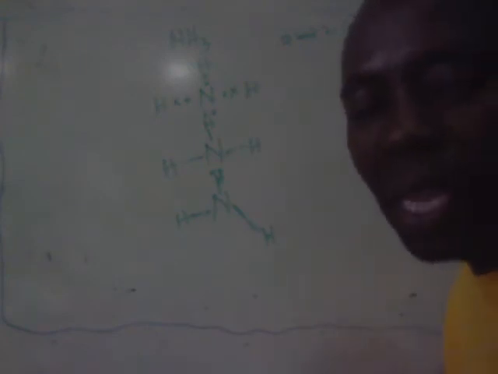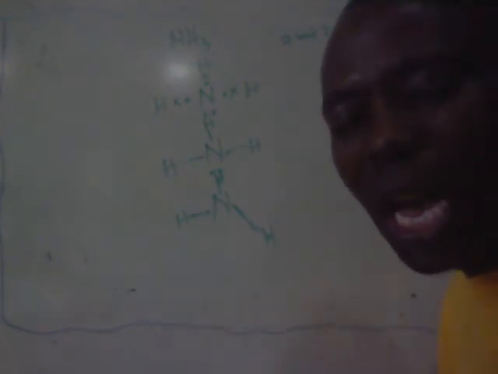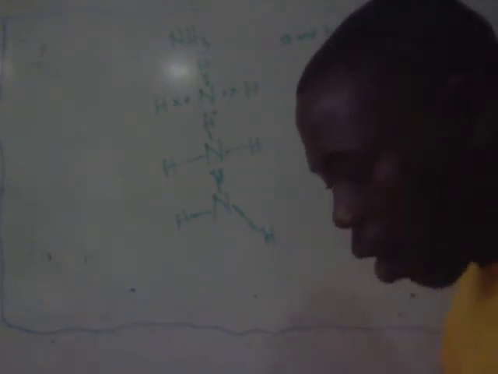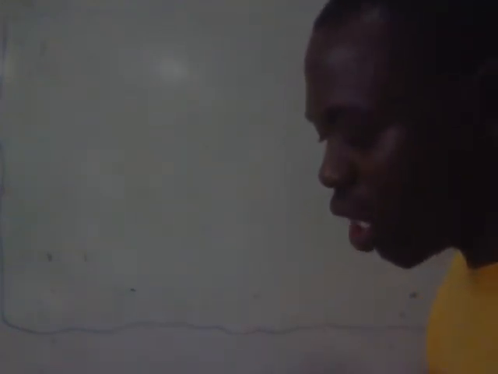Trigonal pyramidal. That's the shape of the ammonia molecule. Okay. Number 56. So for number 55, our correct option is option E, trigonal pyramidal.